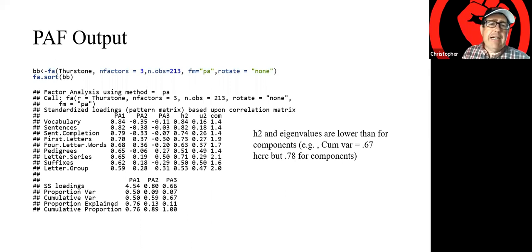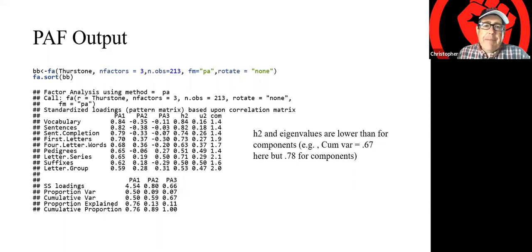We can see here some differences. The eigenvalues and the communalities are going to be a bit smaller. In comparing the cumulative variance explained, we explained 67% here using factors, but 78% for components. Keeping in mind that that extra 9% was basically error variance. It wasn't shared among any variables, so it's kind of just noise getting bumped into our solution.